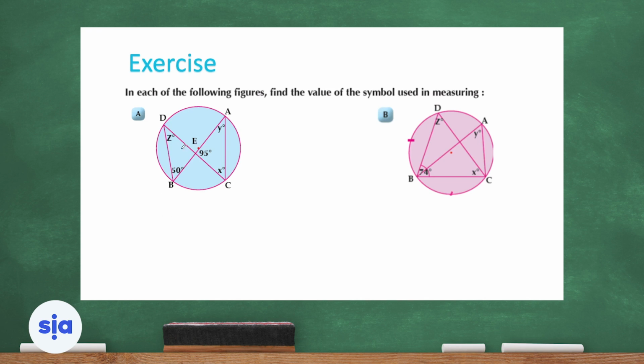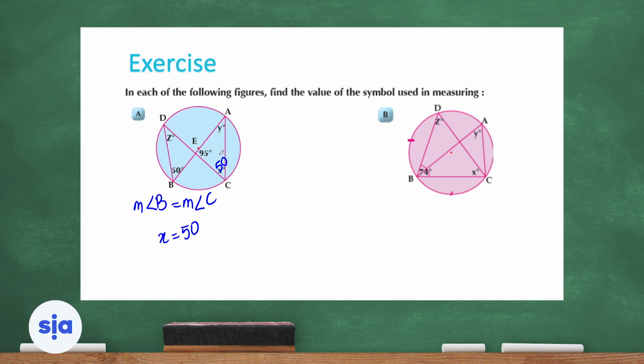Then the measure of angle B is equal to the measure of angle C. Accordingly, x is equal to 50. So here, this x is 50.